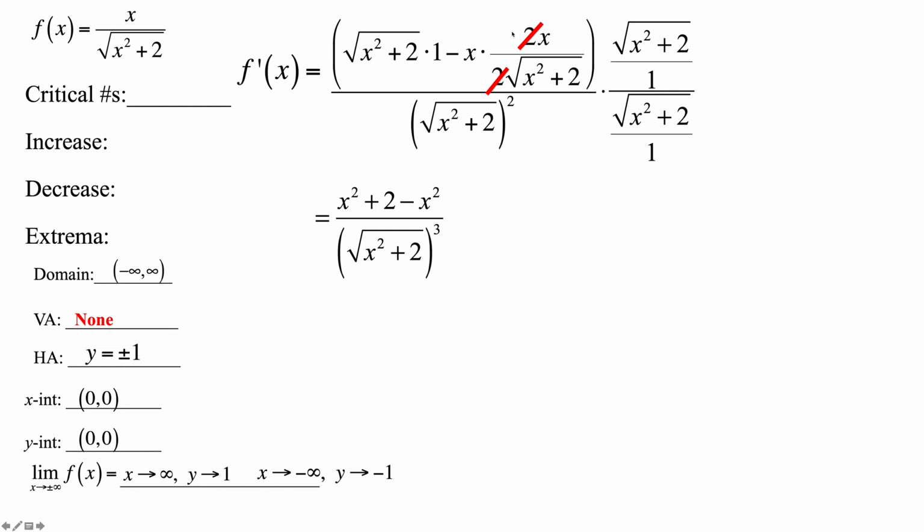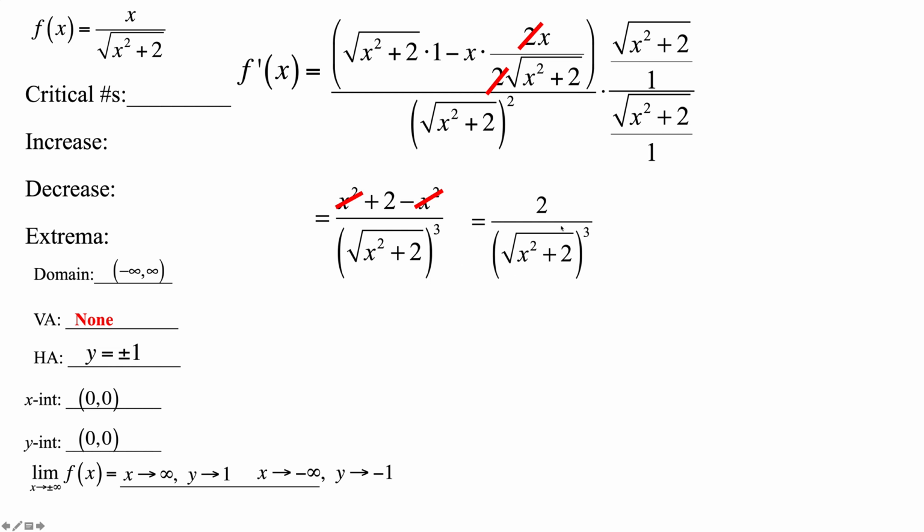So here's your x times x squared right there. There's your x squared plus 2. This canceled out. On the bottom, well, now you're going to have the square root of x squared plus 2 squared times another square root, so that just raised it to the third power. Our x squared and a minus x squared cancel out. And okay, there's our first derivative.